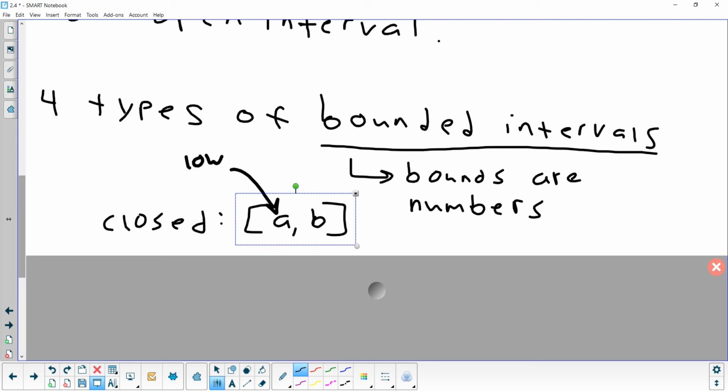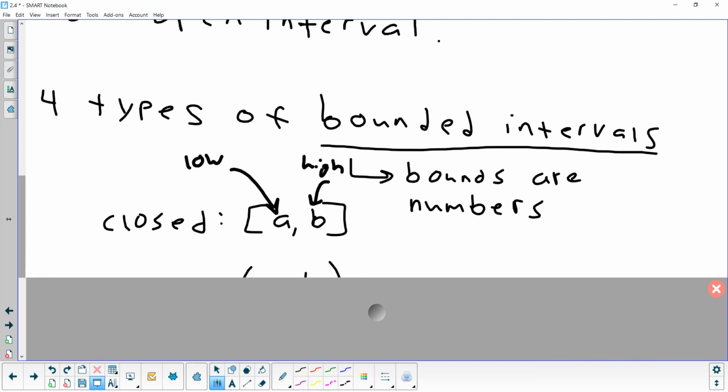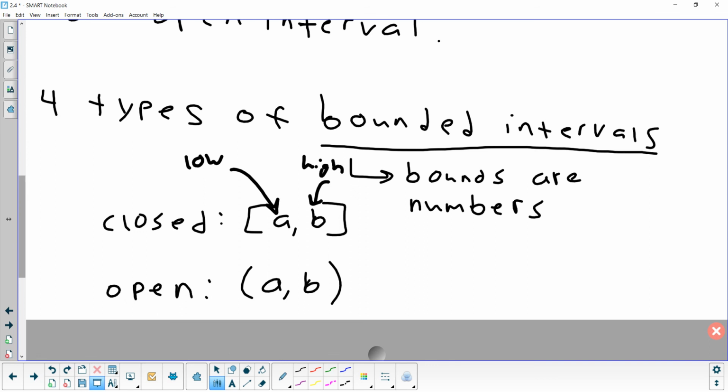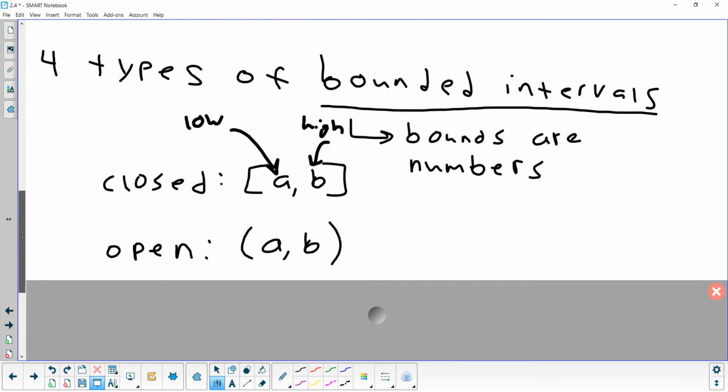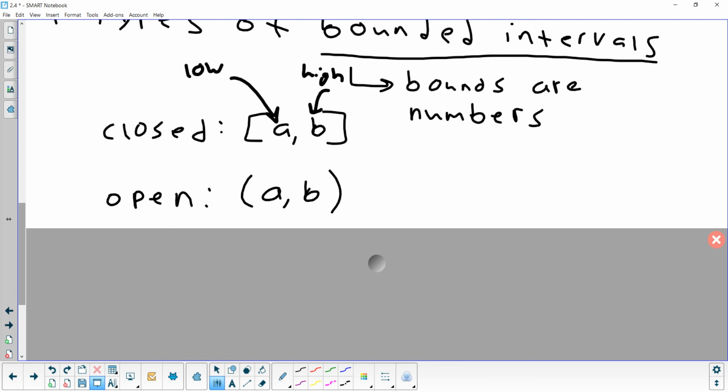So it's always low, comma, high. This is an example of an open interval. This would be like what we have up here, from -1 to 3. Don't include the -1, don't include the 3.